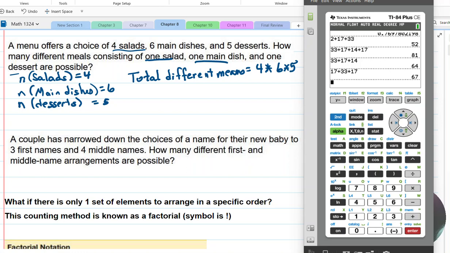Well, 5 times 6 is 30. 30 times 4 is 120 ways. And this is to order 1 item from each choice, each menu item.